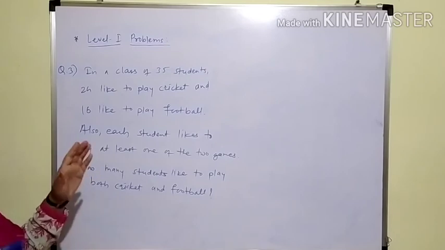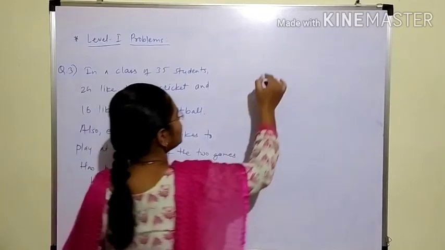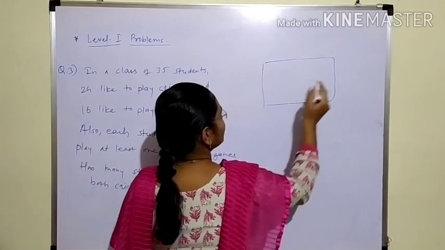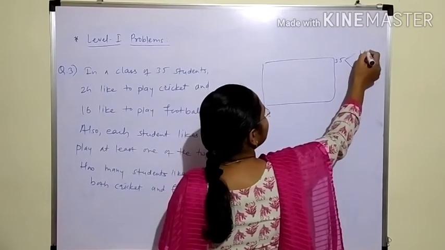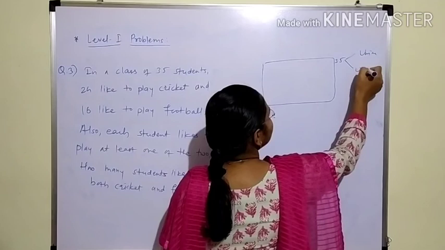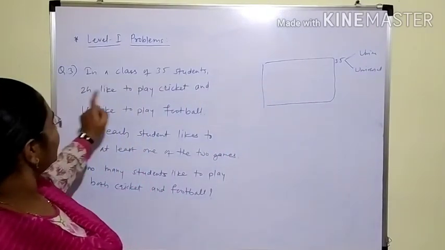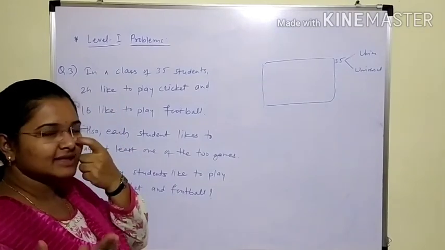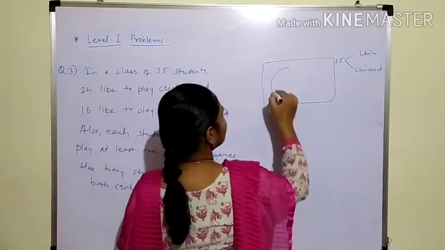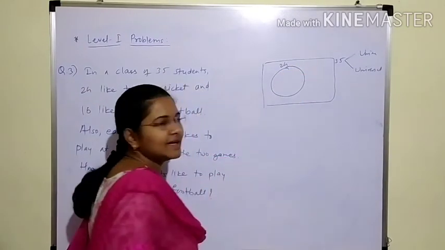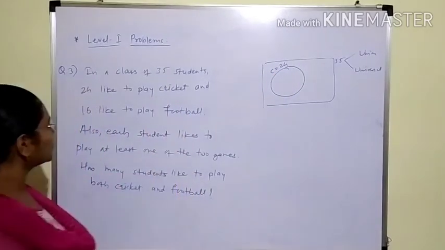Now, students, this problem is also similar to the previous problem, because in a class of 35 students. Okay, now we'll decide whether it is a union or universal set. 24 like to play cricket. Now we'll denote C for cricket, and F for football. 24 like to play cricket, so this is your set C having 24 elements, and 16 like to play football.